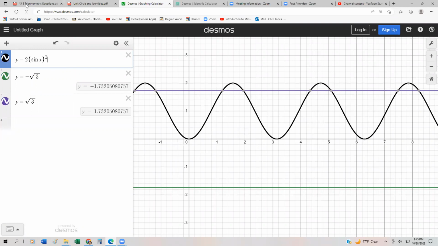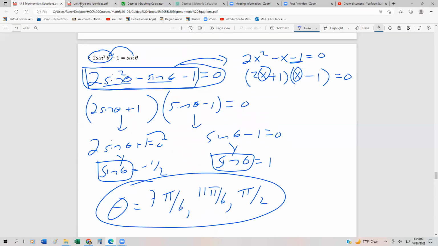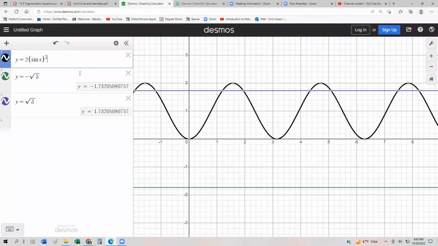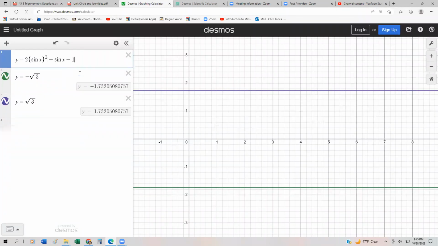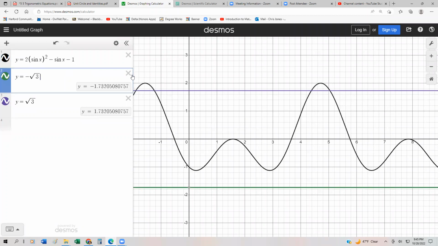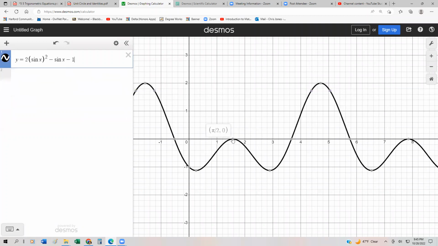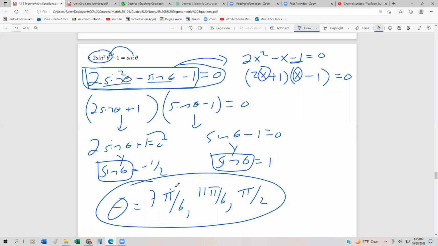And then we needed a minus sine of theta, so in our calculator, we have minus sine of x, and then minus 1. And then we don't need these. If we look, we have pi halves, and remember, the other two solutions were 7 pi 6 and 11 pi 6. Notice that that's what our three solutions were. So nice and easy for us to be able to solve.